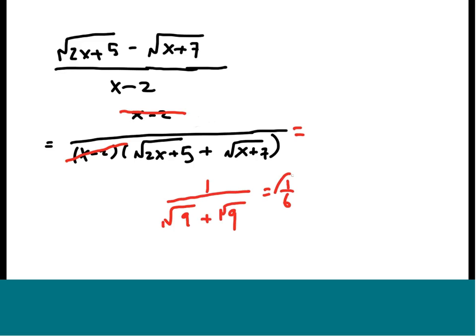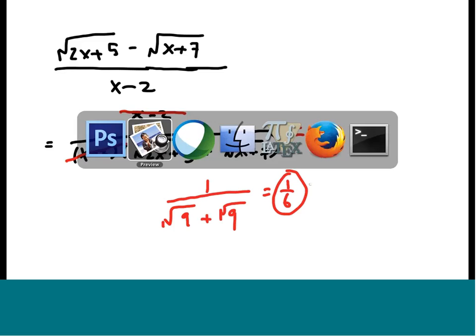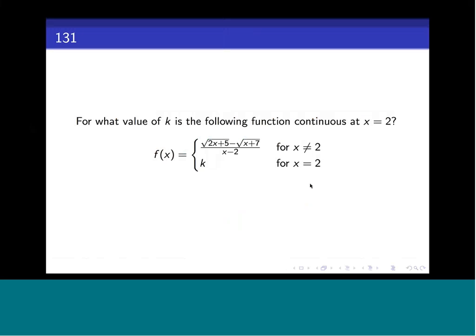So 1 over 6. Did you say 1 over 6? I said 6. Oh, okay. So 1 over 6. Right? When k equals 1 over 6, then it's continuous.